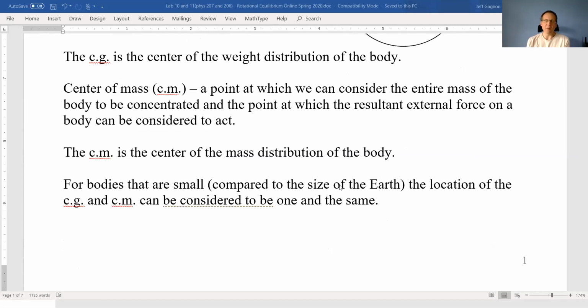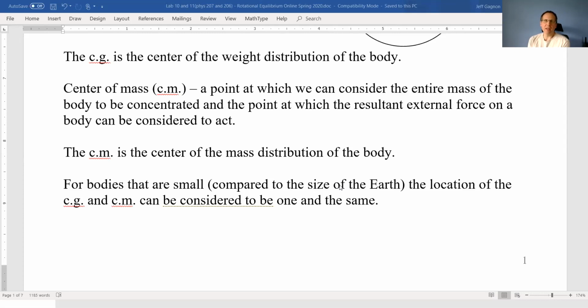But it turns out in reality that g is not a constant. As you move away from the center of the Earth, g gets weaker, so that value decreases. So there really is a slight difference, especially if you have a very tall object at the surface of the Earth, between the location of the center of mass and the location of the center of gravity. Center of mass would just depend on the mass of the object.